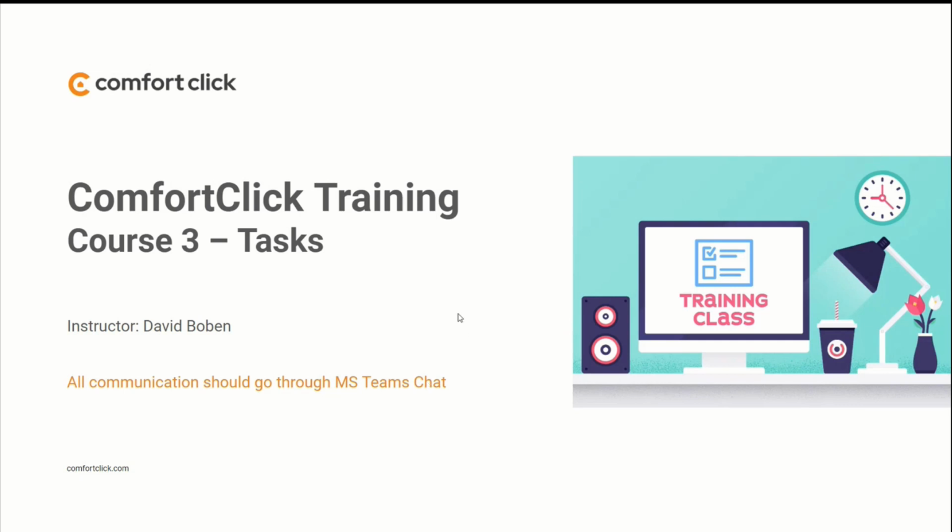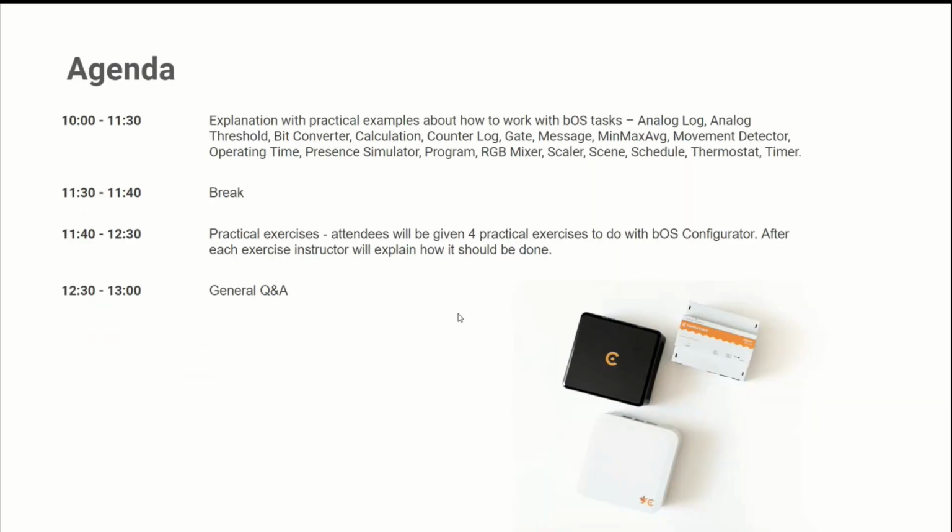So let's just open the agenda for today. As I mentioned, I'll go through basically the whole idea for today. I will open up the configurator, show my screen, and basically go from start to finish. Open all the tasks, explain in great detail how everything works, where everything is located, how to set up the task. And then I also have a nice simple little visualization prepared, where I'll show you how everything works in the client.